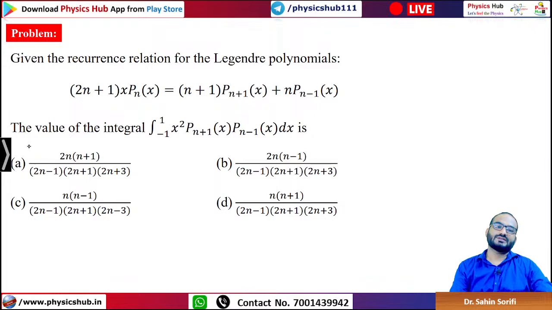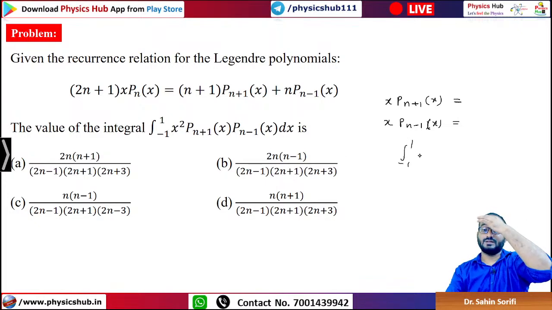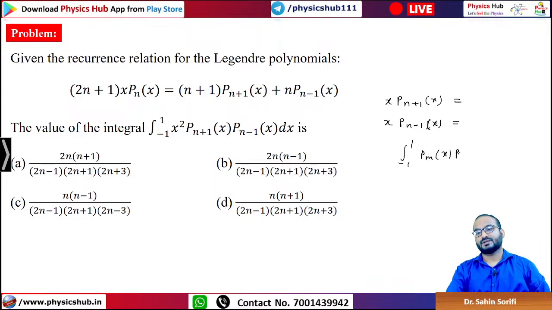Look, this problem is simple, although it is looking complicated. Here we have x squared Pn plus 1 of x Pn minus 1 of x. So somehow if you calculate x times Pn plus 1 of x and x times Pn minus 1 of x, if you can find some expression for these two using the recurrence relation, and you can multiply them, you can use orthogonality relations: the integral from minus 1 to 1 of Pm of x Pn of x equals 0 for m not equal to n, and 2 by 2n plus 1 for m equals n.